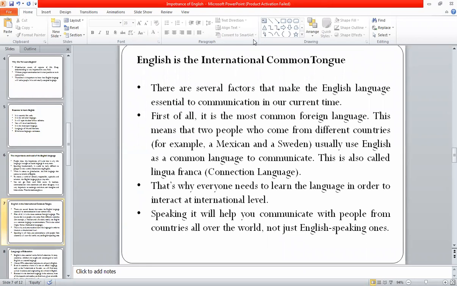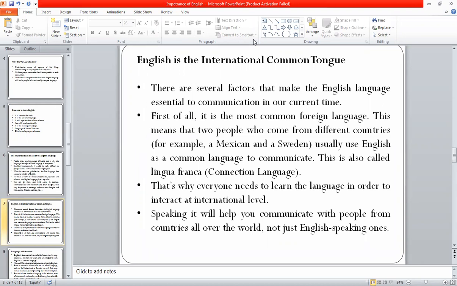If we are in France, or we are in Germany, and we don't know the English language, then it becomes very difficult to communicate with them, because they don't know our language.